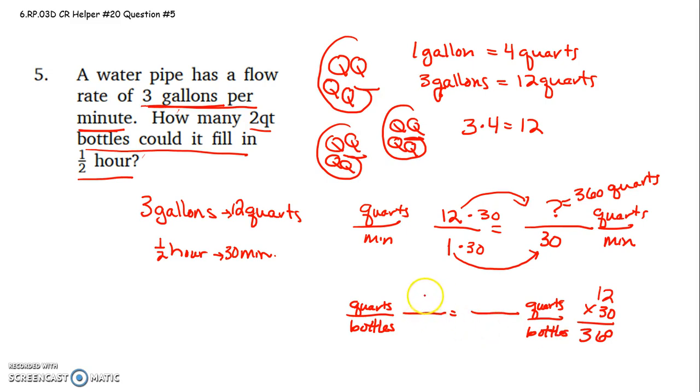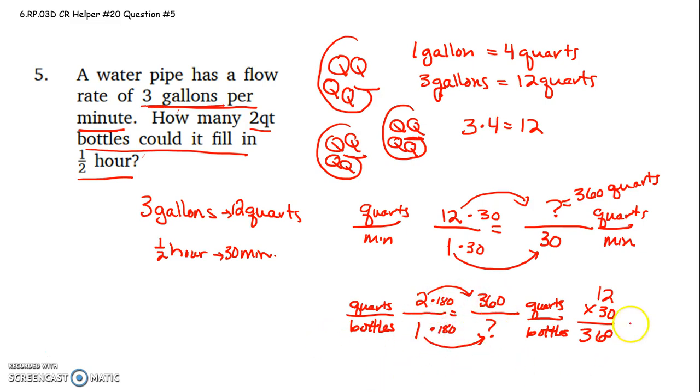I know 2 quarts is 1 bottle because we're filling 2-quart bottles. I am up to 360 quarts and I want to know how many bottles that will be. So how do I get from 2 to 360? Well, I'll tell you, 2 times 180 is 360.